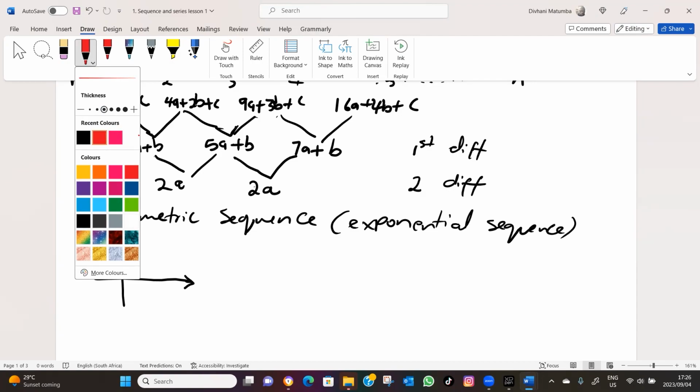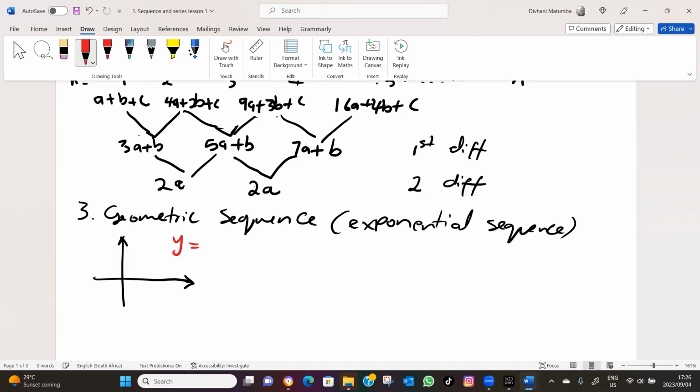Typically, your exponential function will be y equals a x to the power n plus b.